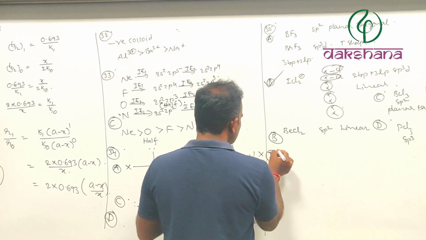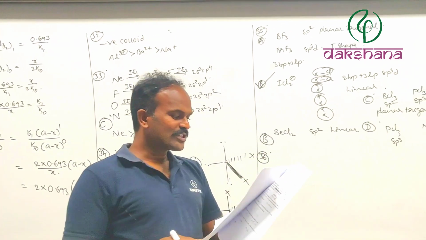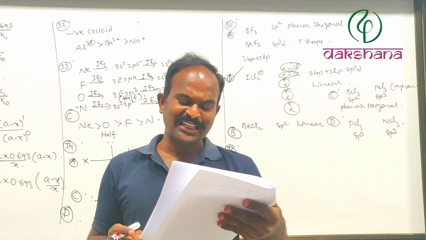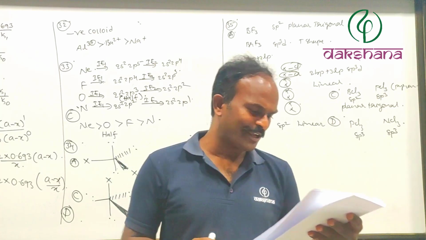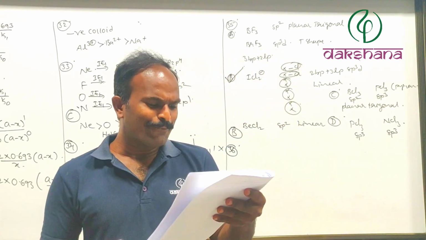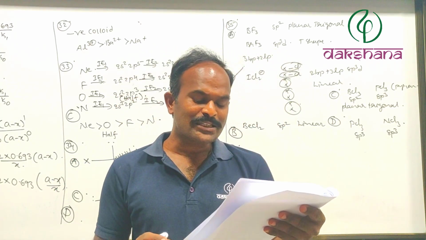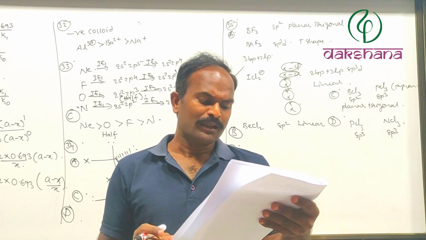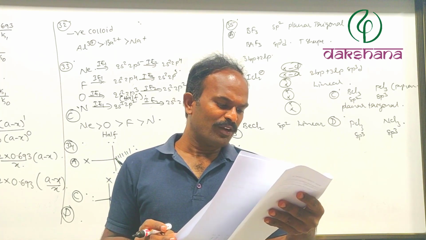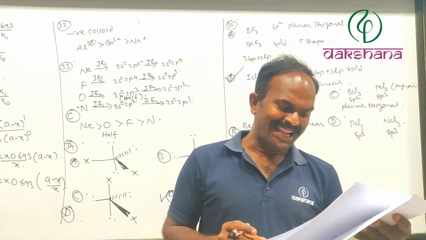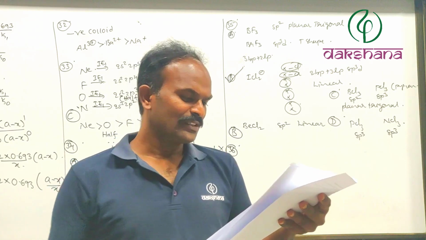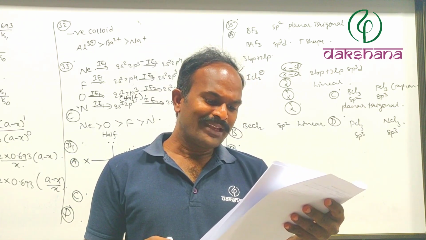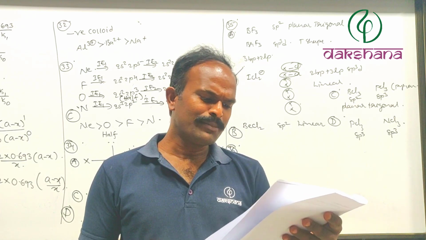Question number 36. In question number 36, the solubility of metal halides depends on their nature, lattice enthalpy and hydration enthalpy of the individual ions. Among the fluorides of alkali metals, the lowest solubility of LiF in water is due to ionic hydration enthalpy of lithium ion, high lattice enthalpy of lithium, high hydration enthalpy of lithium, or low ionization enthalpy of lithium atom.